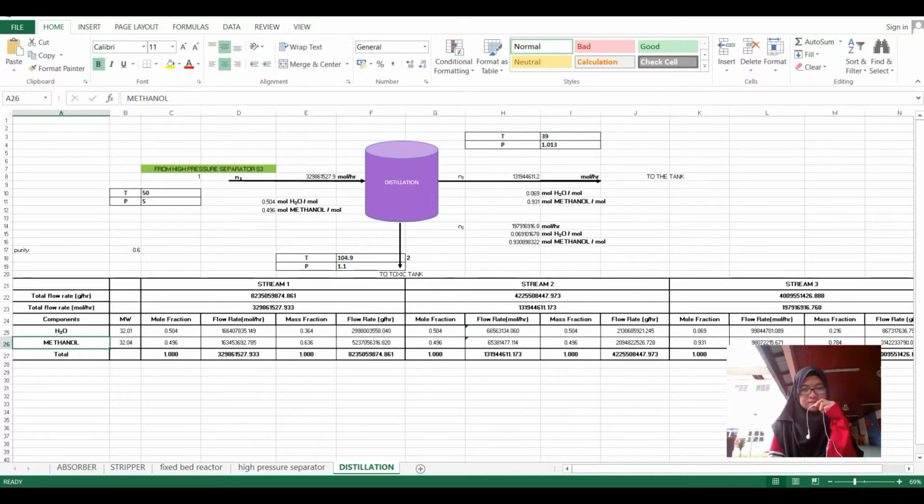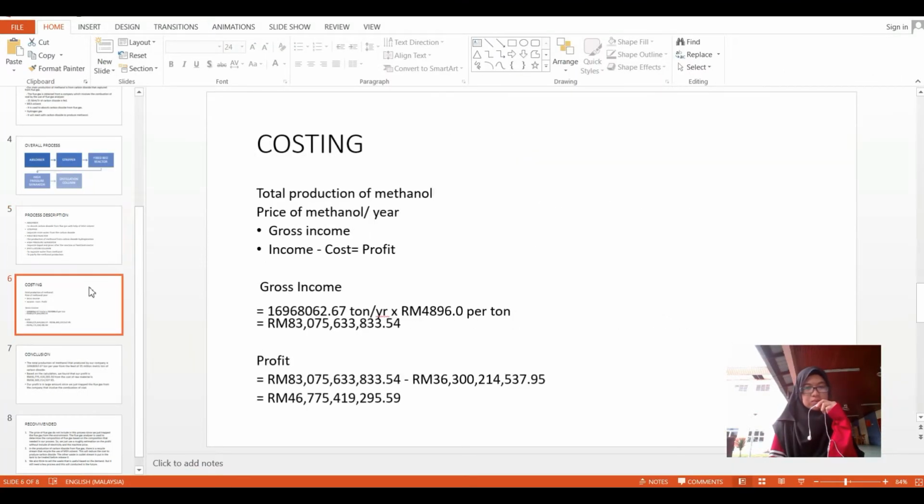Okay, next is for costing. So we calculate the costing. First we calculate the gross income, which is the production of methanol in ton per year, and we multiply it with the price of the product, and we get the gross income.